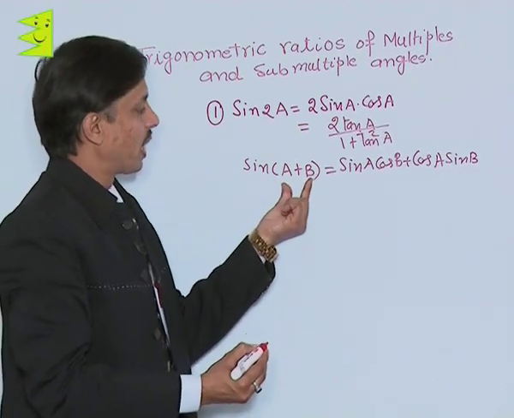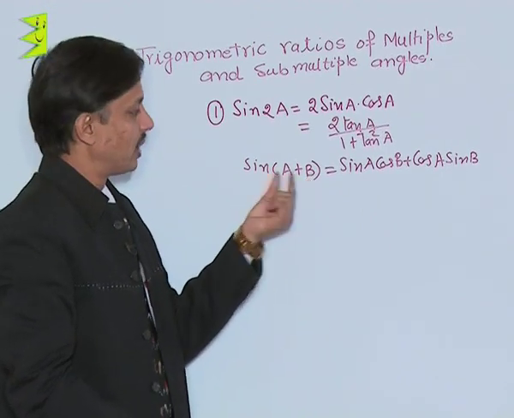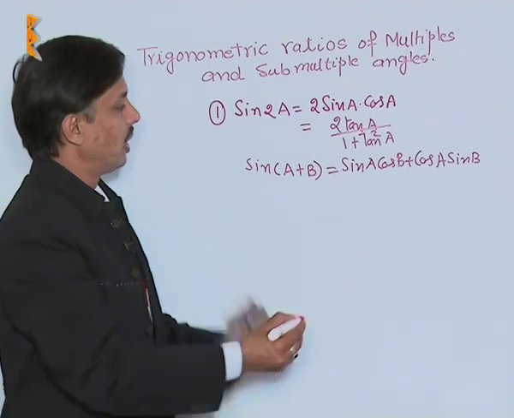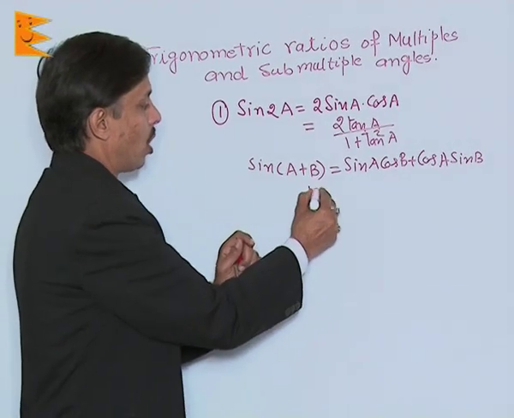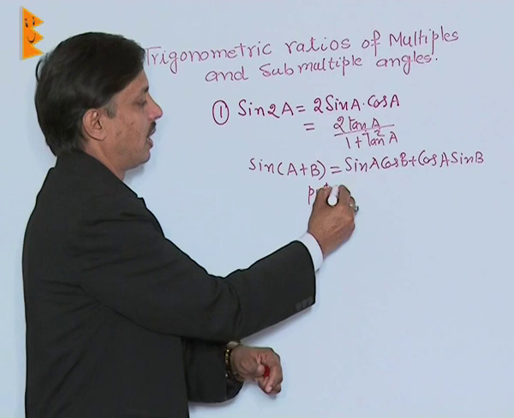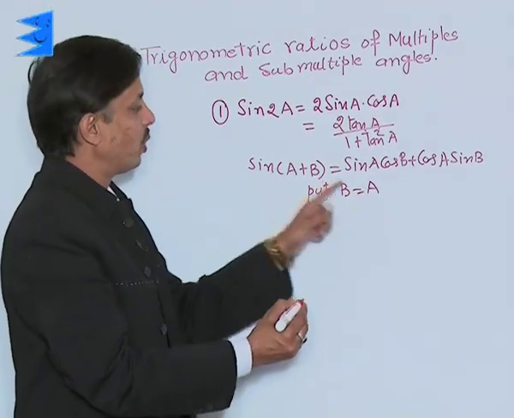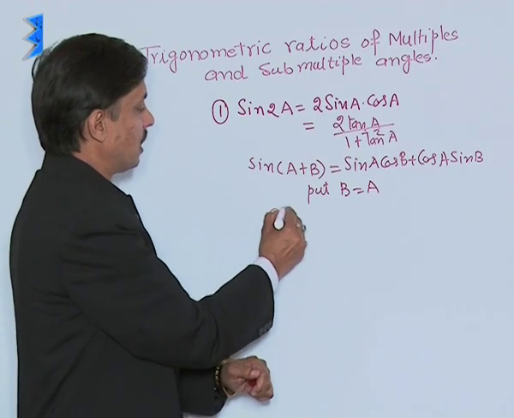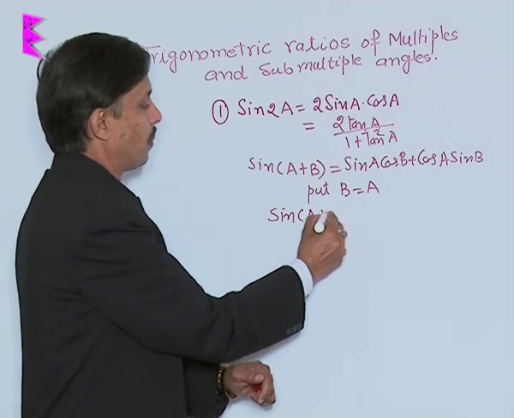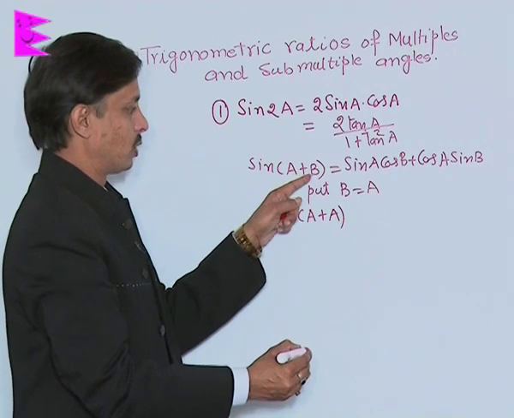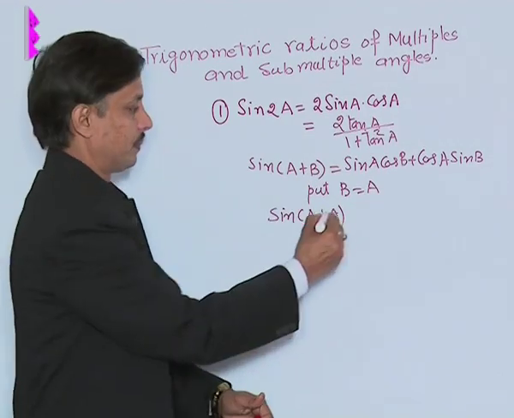If I want to write sine 2a here, then the only procedure is to replace every b by a. Put b is equal to a. By doing so, this will be sine of a plus a. In place of b, I have put a.